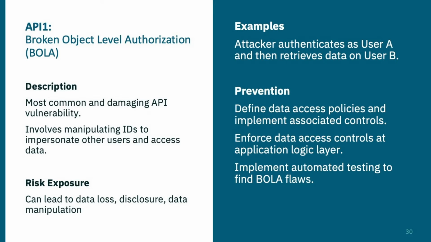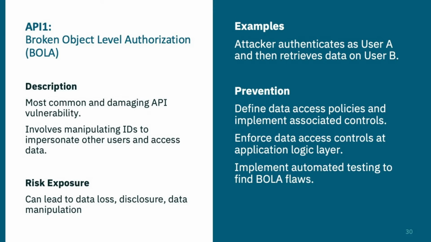And as you've seen, it can lead to data loss, data manipulation, disclosure. And the example is quite simple. You authenticate as user A, and then you attempt to access information that belongs to another user. And if that works, then you iterate and continue potentially to harvest vast amounts of data.